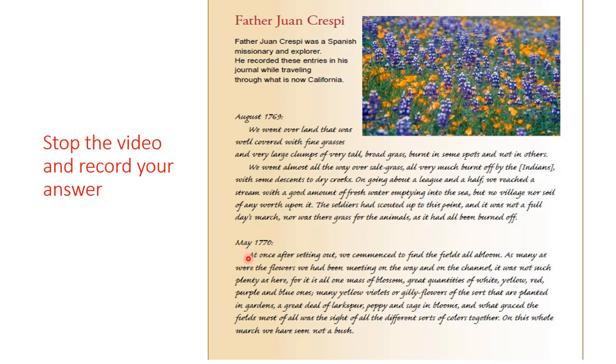May 1770. At once after setting out, we commenced to find the fields all abloom. As many as were the flowers we had been meeting on the way and on the channel, it was not such a plenty as here, for it is all one mass of blossom, great quantities of white, yellow, red, purple, and blue ones, many yellow violets or gillyflowers of the sort that were planted in gardens, a great deal of larkspur, poppy, and sage in blooms, and what graced the fields most of all was the sight of all the different sorts of colors together.